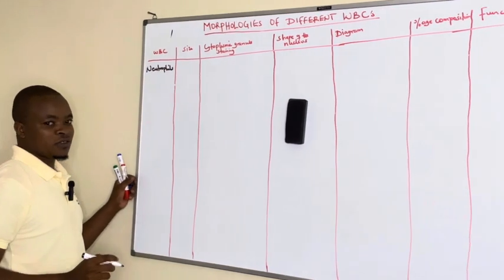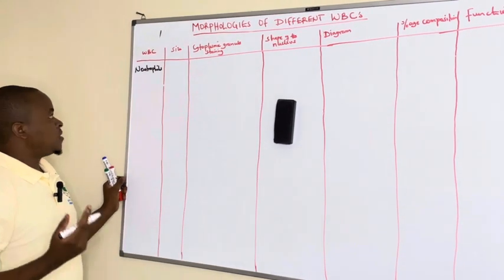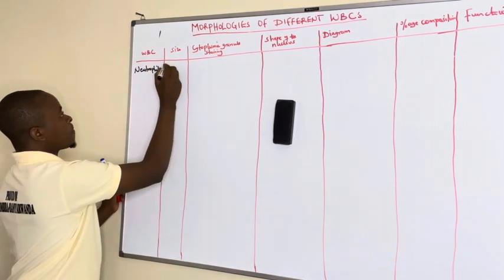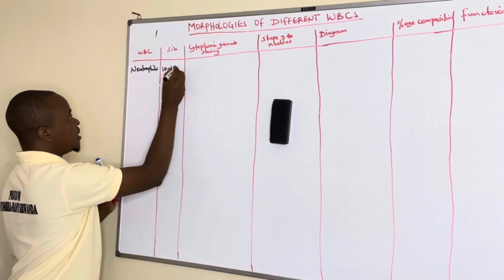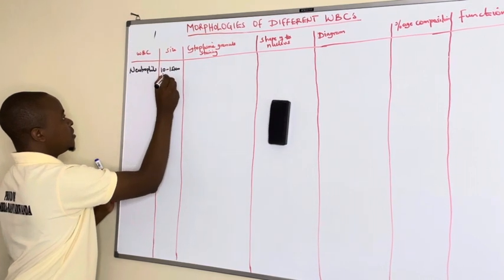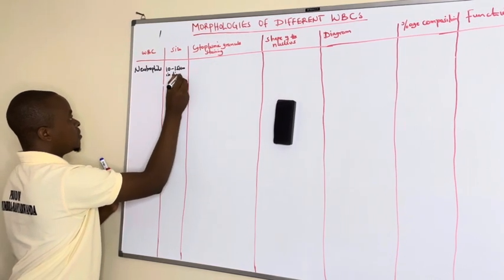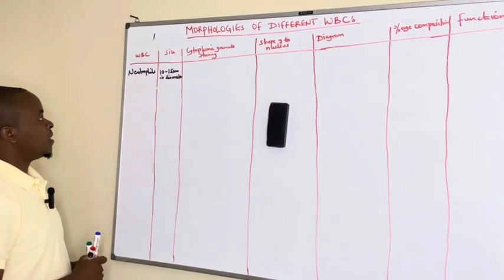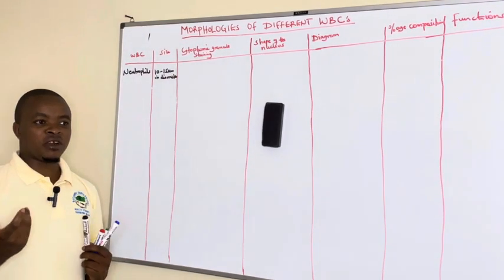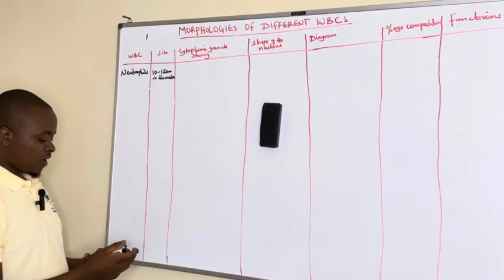So the first cell we want to look at this time is the neutrophils. And neutrophils, they are 10 to 15 micrometer in diameter, and their cytoplasmic granules are always fine.